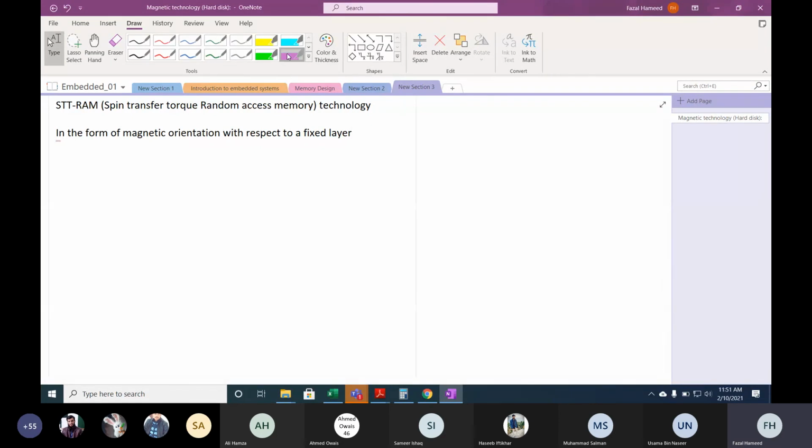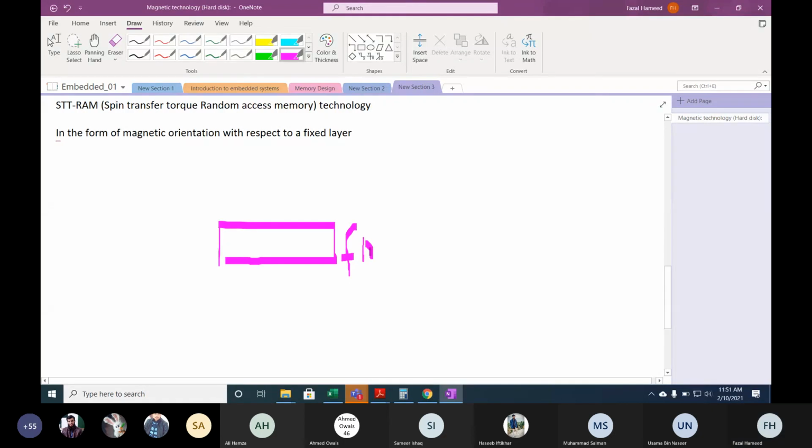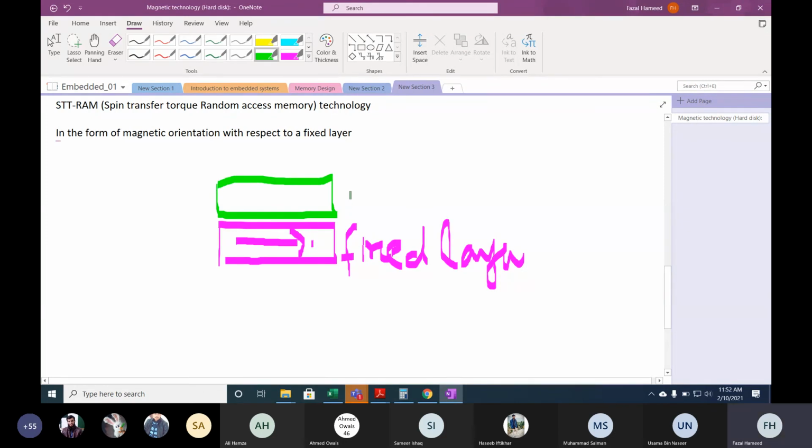In each cell, we have two layers. One is the fixed layer, and it has a magnetic orientation. This magnetic orientation is fixed. Now we have another layer, which is called the movable layer, and its magnetic orientation can be in this direction.